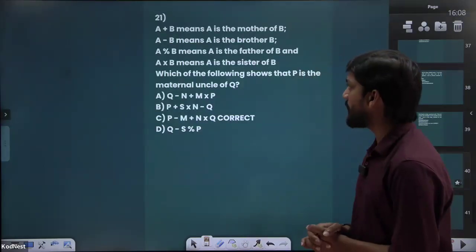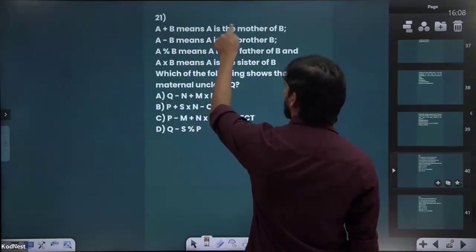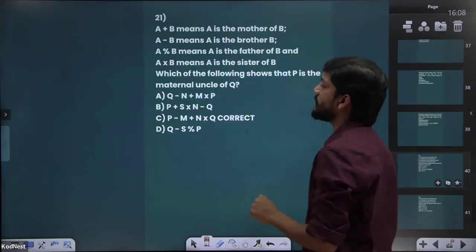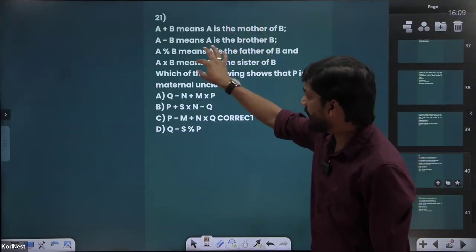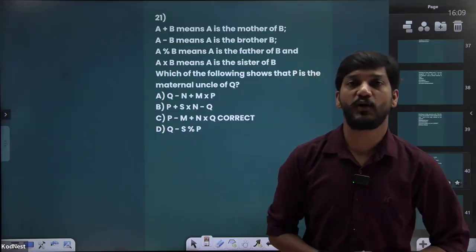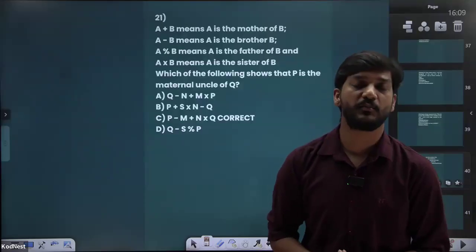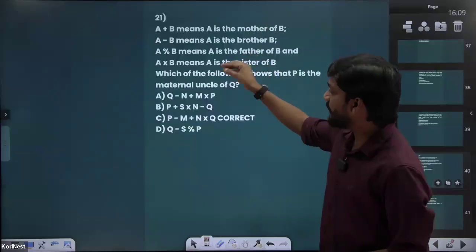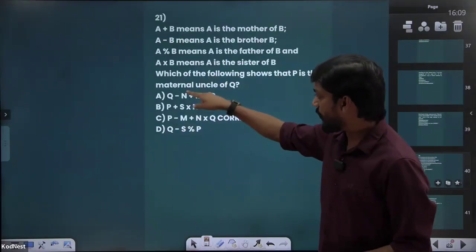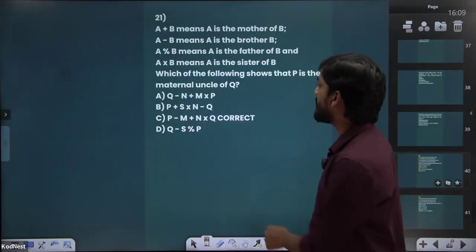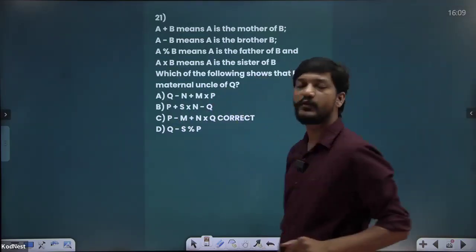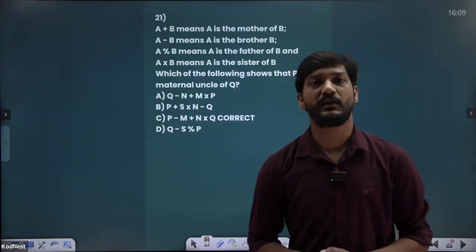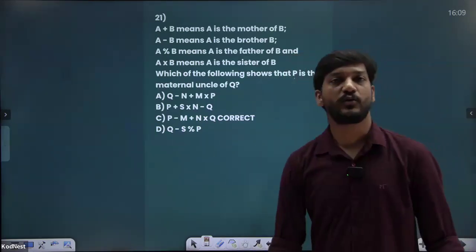Each character has a meaning, and the meaning will be given to us. We have to understand what relation each symbol represents. Based on our understanding, we have to find which option represents that P is the maternal uncle of Q. So these questions are solved by the options. We'll see it tomorrow, not today.